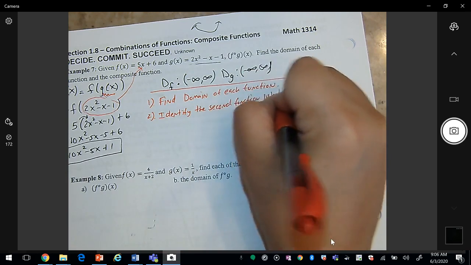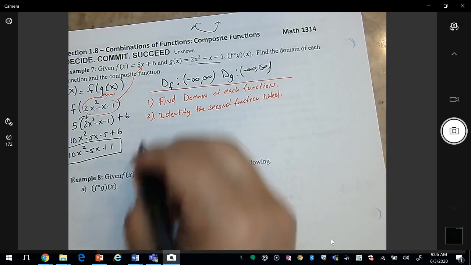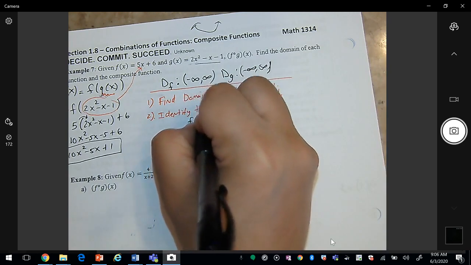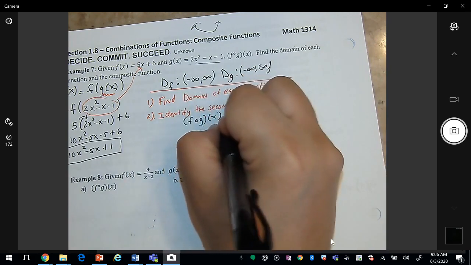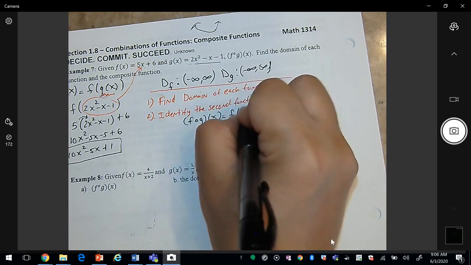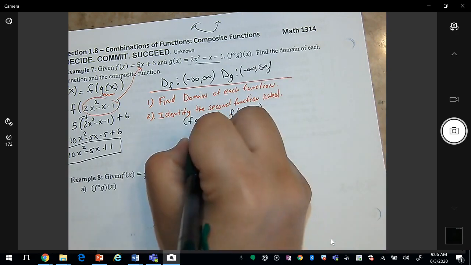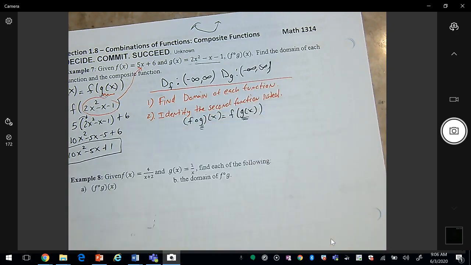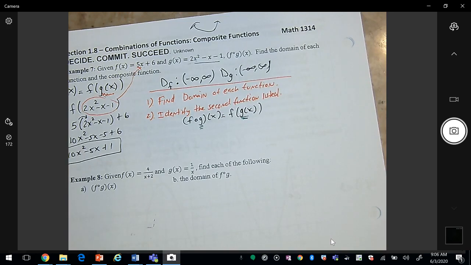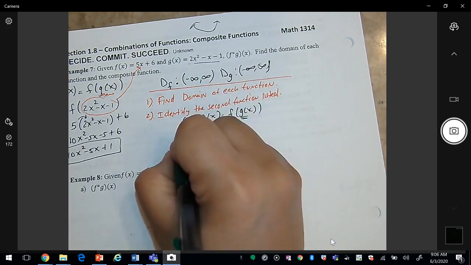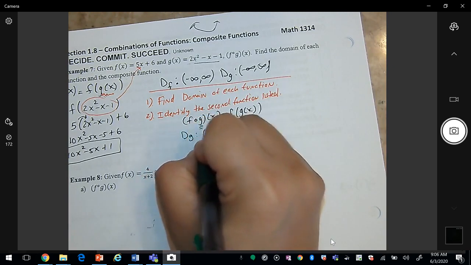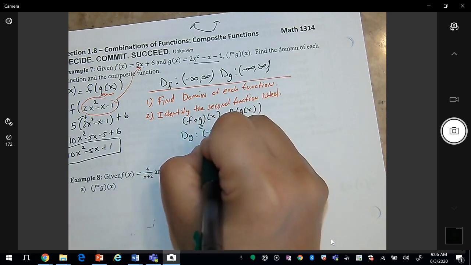So for example, in our example here, we have f composed of g of x. So the one that we're going to focus on is the second one here. So the domain of g is negative infinity to positive infinity.